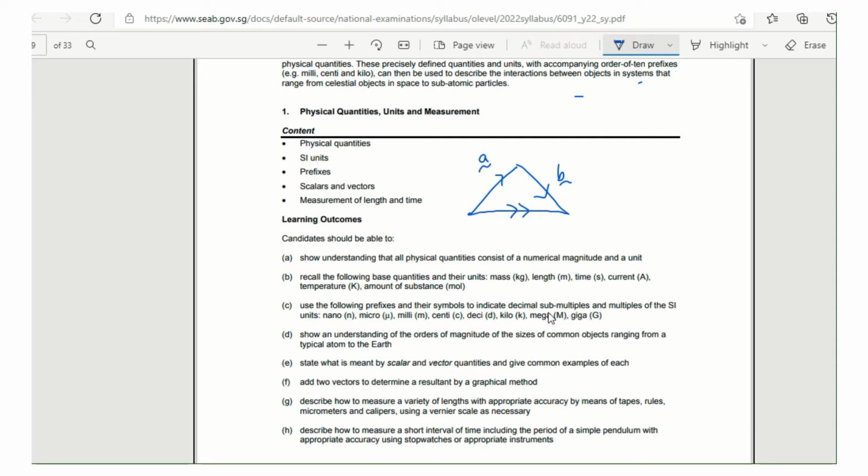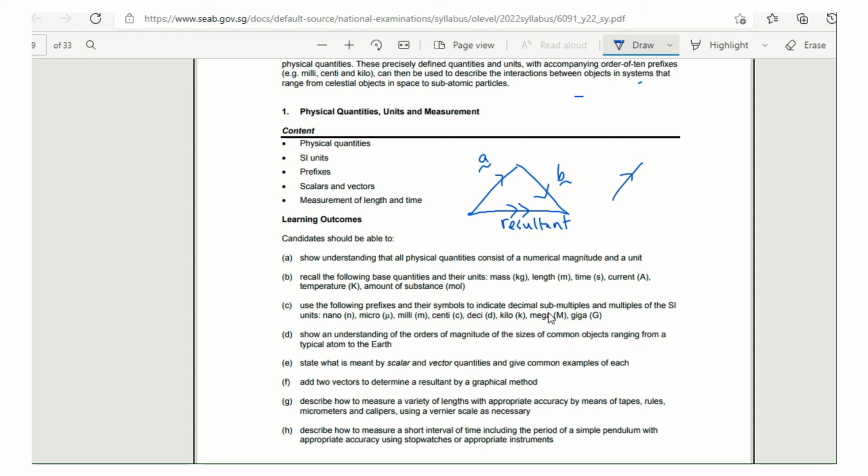So we usually use the triangle method to add two vectors that are not pointing in the same straight line. So you need to draw a triangle diagram. If you have A and B, then the resultant will be here.